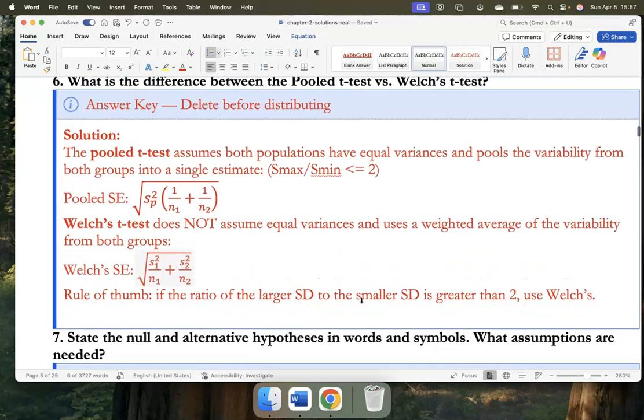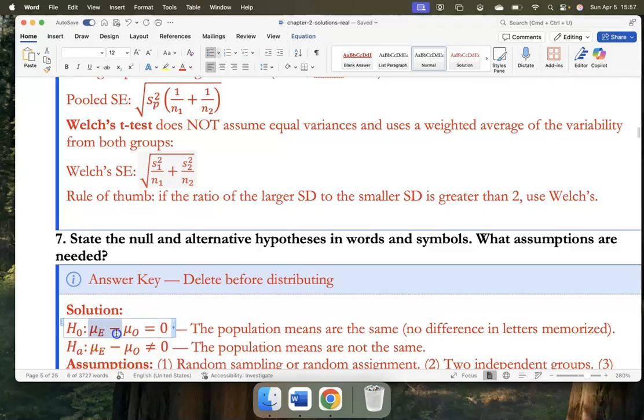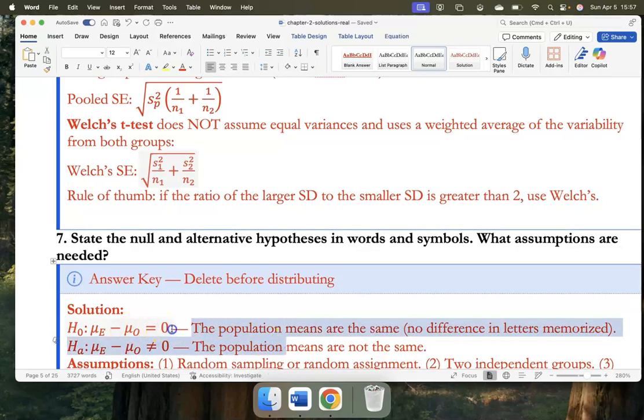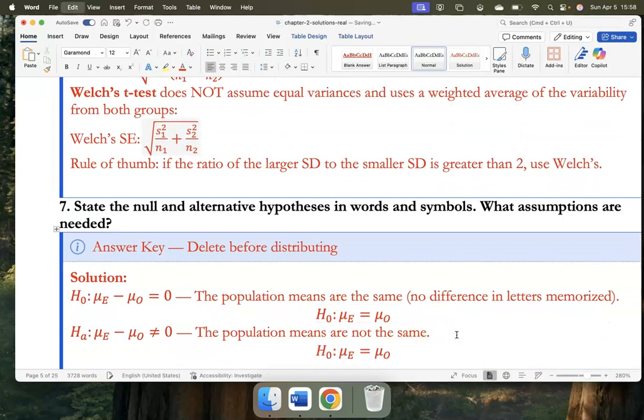All right, so then the null and alternative hypotheses, as you can see, I'm writing it in this particular format. Mu E minus mu O is equal to 0, meaning that the population means are the same. Another way of writing this easily could be that mu E is equal to mu O. Same thing here in terms of the alternative hypothesis.